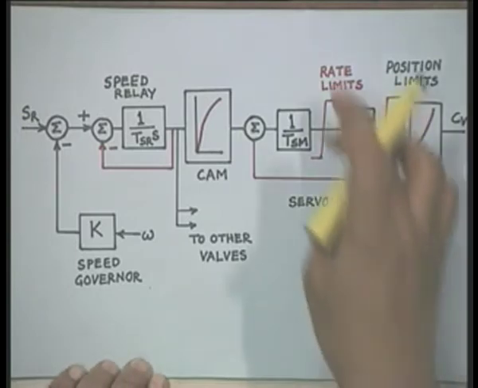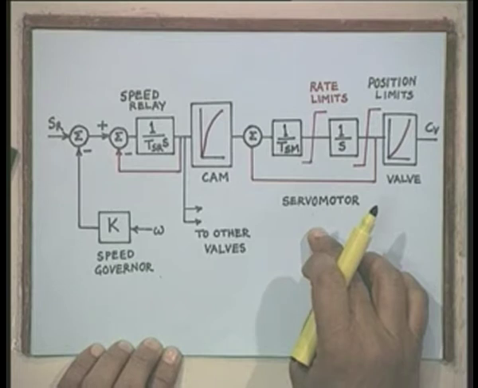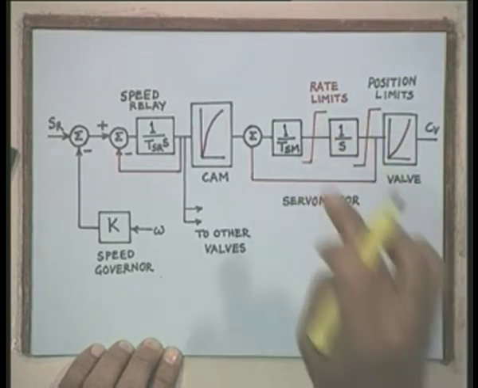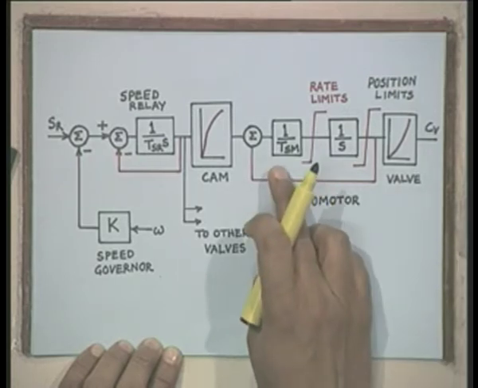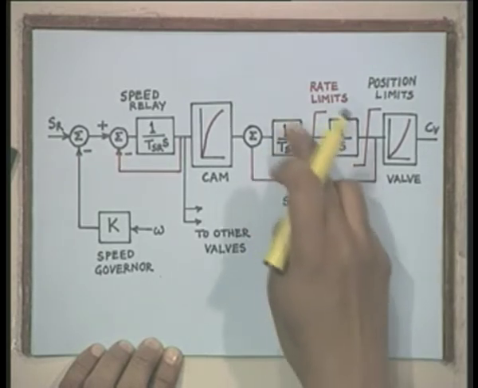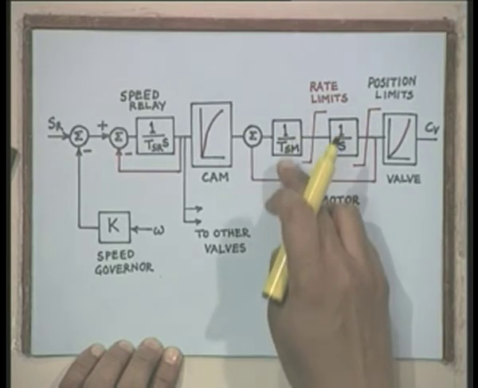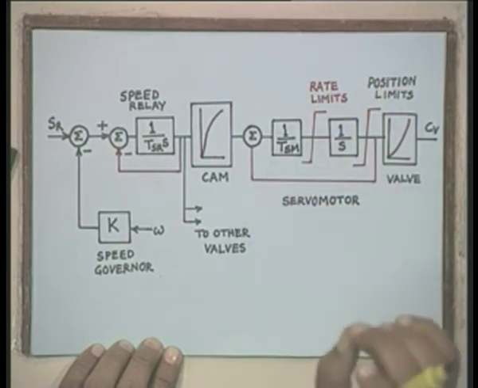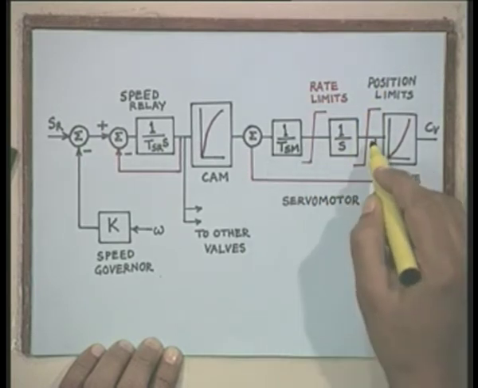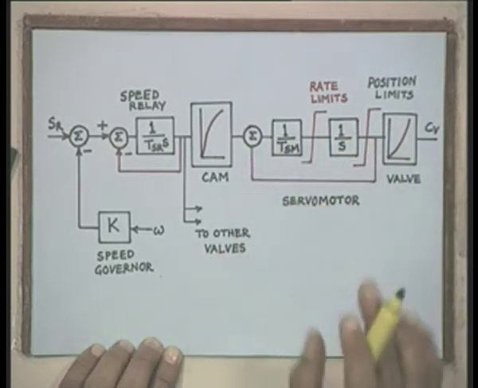Similarly, here is the transfer function of the servo motor. In the servo motor we try to represent the rate limit and the position limits, and this is the time constant, 1 upon TSM, servo motor time constant. At this point we can sense what is called the rate, and after integrating we can sense the position. Therefore, these two are provided.